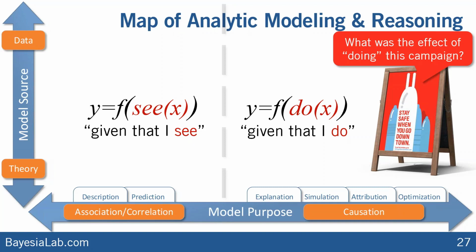We need to distinguish between given that I see versus given that I do. Given that I do is a causal question, and what we have at hand here is causal. What was the effect of doing this campaign? Did we cause an increase in safe sex practice? That is the question here.